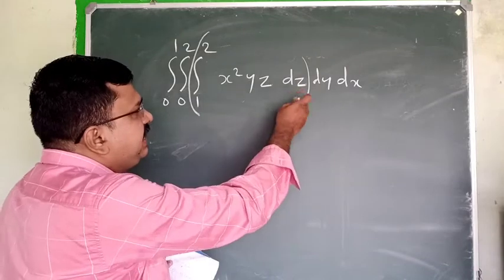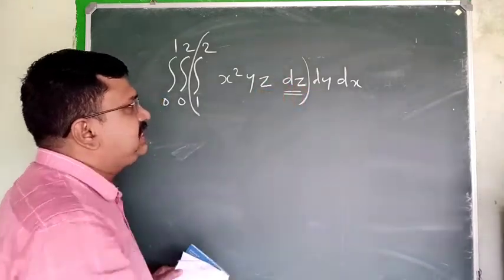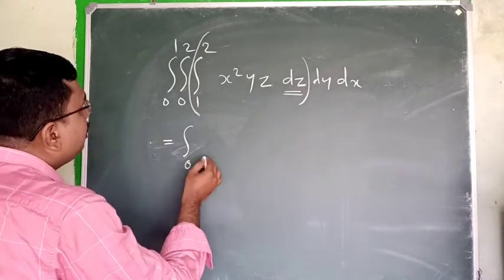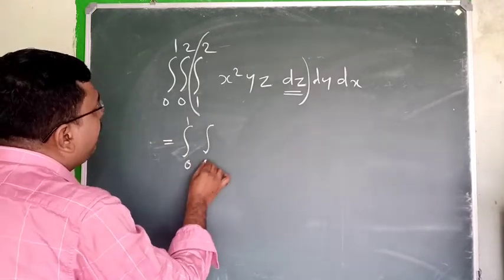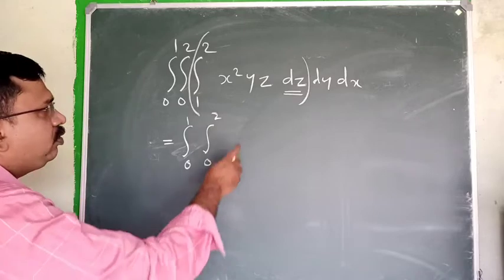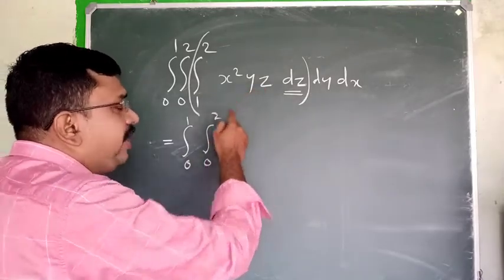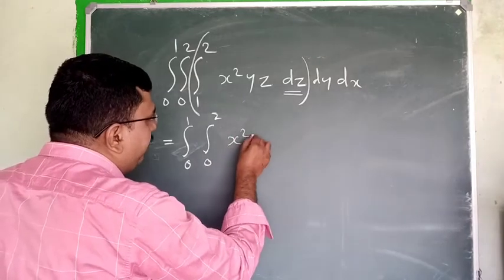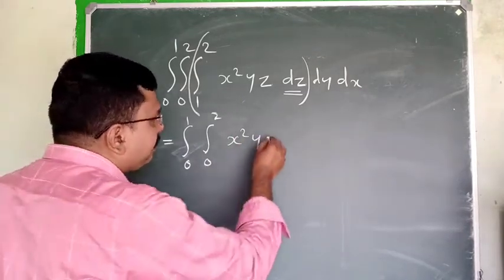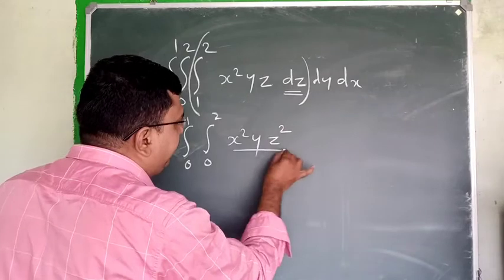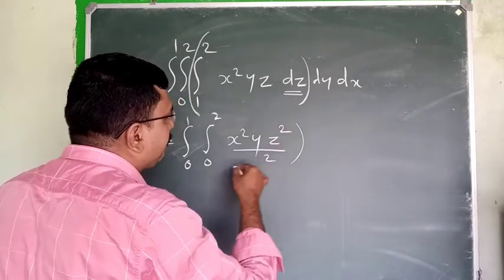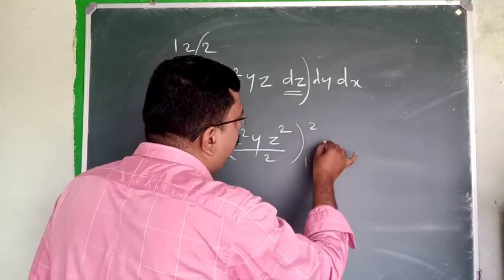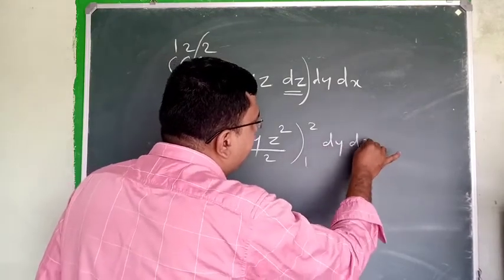So integrating with respect to dz, this becomes integral 0 to 1, integral 0 to 2, and x square and y are constants, therefore x square y into z square by 2, then we apply the limits 1 to 2, dy dx.